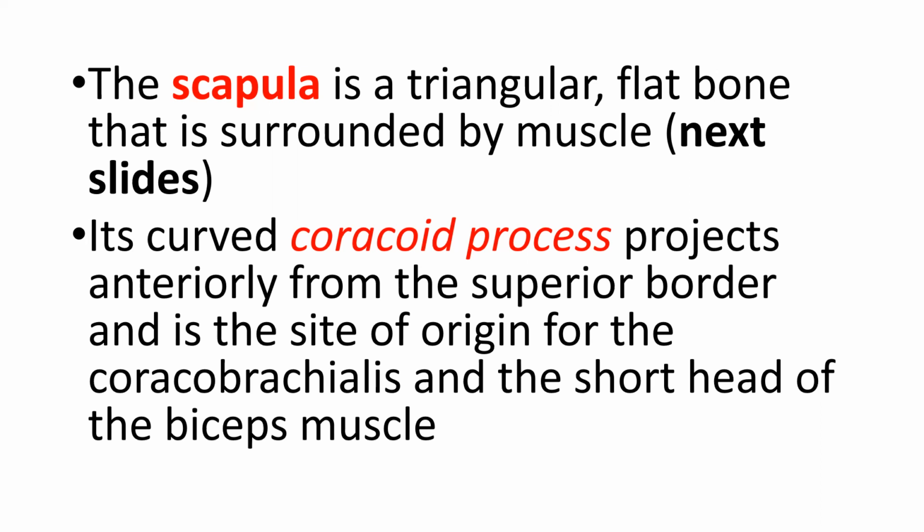So you have 2 functions when you do a Latarjet that is prevented. You transfer the coracoid process more laterally, and you use it as a block at the inferior aspect of the glenoid, the anterior inferior, because this is the site where we get the dislocation in most of the cases and where a Latarjet is indicated.